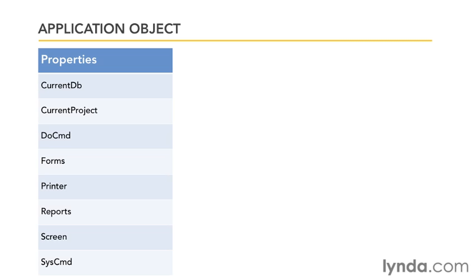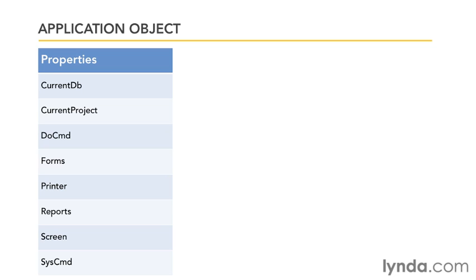The first of those objects is the application object, and there are a number of properties that you will use, and actually some of the properties are objects themselves that I'll get into in a little bit more detail later in this movie. So for example, you have the CurrentDb, which refers to the current database, then CurrentProject, and a project is a VBA code collection that I'll touch on later.